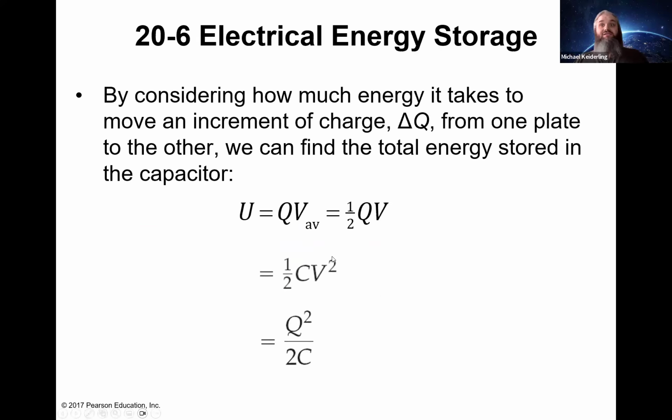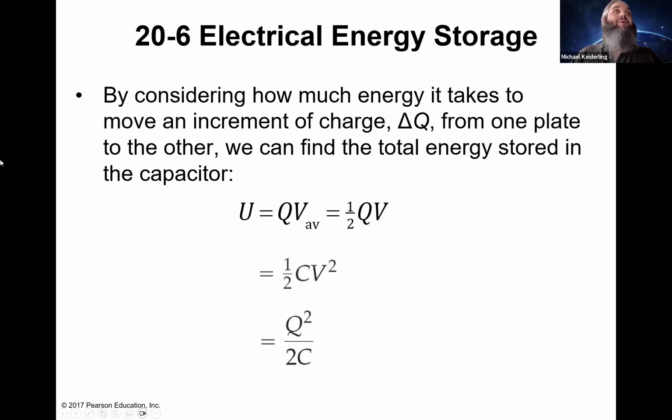Now, because capacitors store charge, they also manage to store electrical energy. So we can think about how much energy it takes to move an increment of charge from one plate to the other in a capacitor, and we can work out that the potential energy stored in a capacitor is the charge on the plates times the average voltage, which just ends up being half the charge times the voltage.